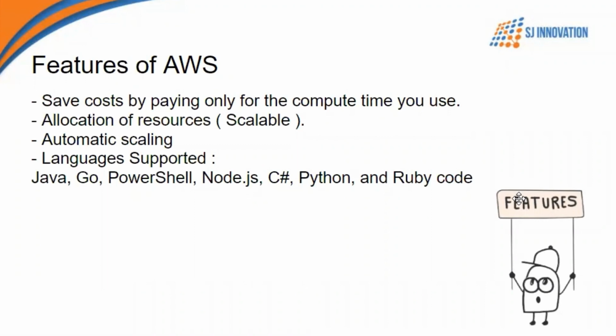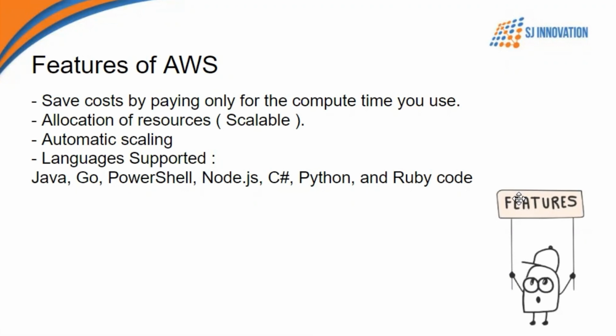Lambda gives you flexibility: it automatically scales. It checks how many requests have been made to that Lambda and scales accordingly. It says, here more resources are needed, so I will scale accordingly.